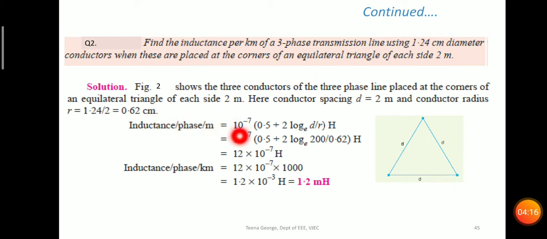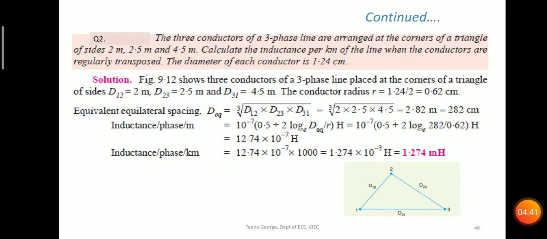The equation is 10 raised to minus 7 into (0.5 plus 2 log d by r). Substitute for d and r. Then we will get the value as 12 into 10 raised to minus 7 Henry. Again we can convert it into kilometer. Inductance per kilometer is 1.2 into 10 raised to minus 3, that is 1.2 millihenry.